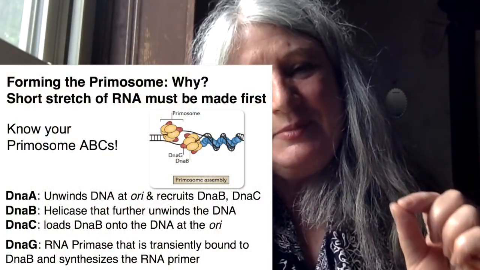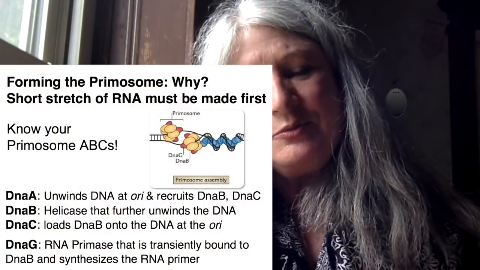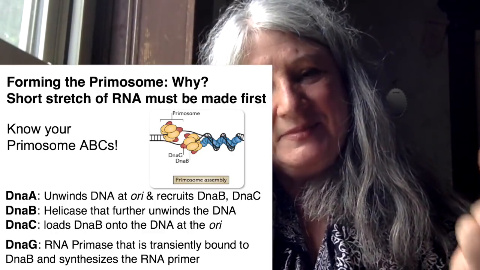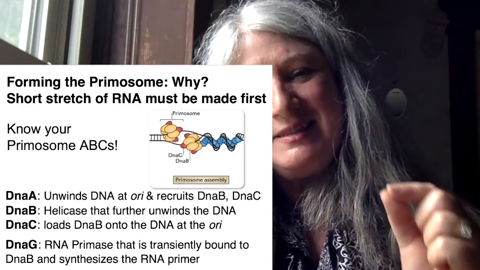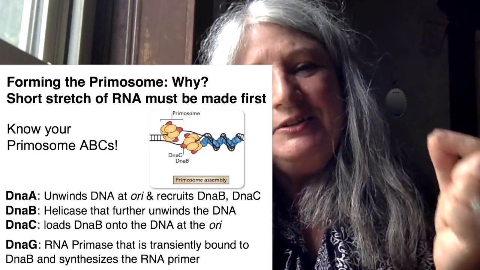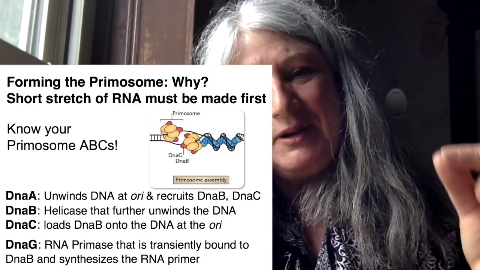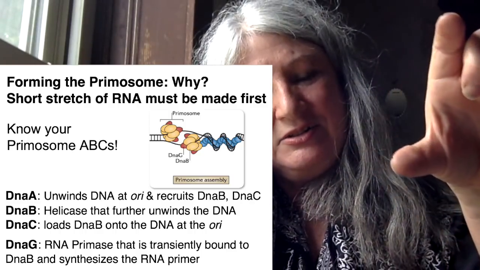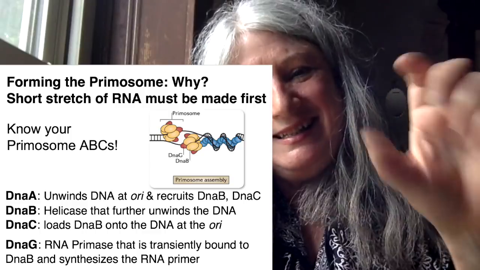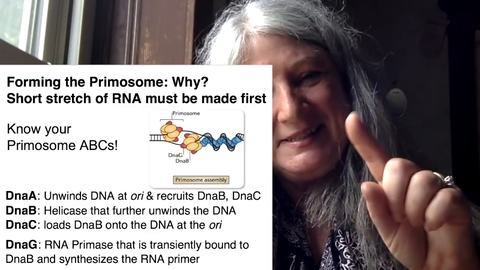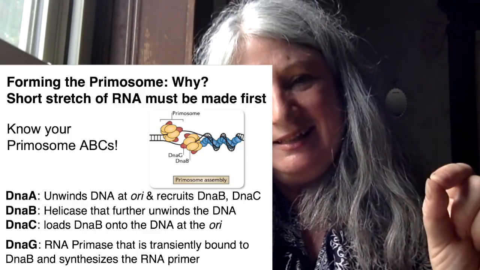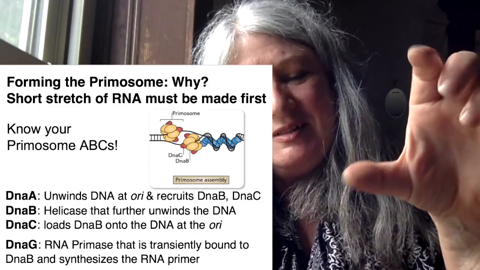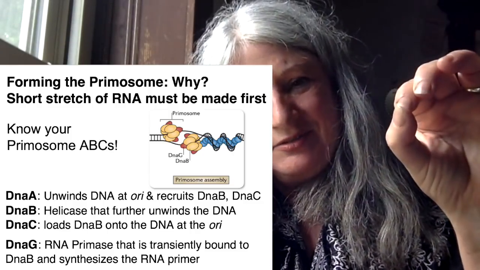The next thing that happens is DNA A is going to help recruit DNA C and DNA B. So it's important to know your ABCs of bacterial replication. DNA A binds first. DNA B is loaded onto the DNA by DNA C. What does this mean? DNA B is a helicase that consists of 6 individual subunits that comprise a ring-like structure.